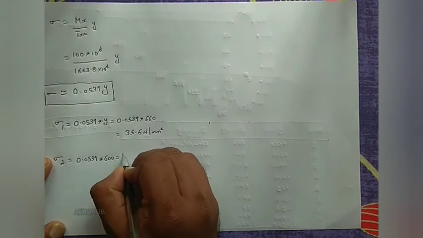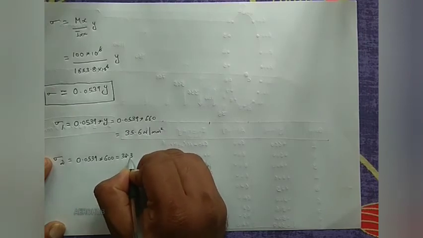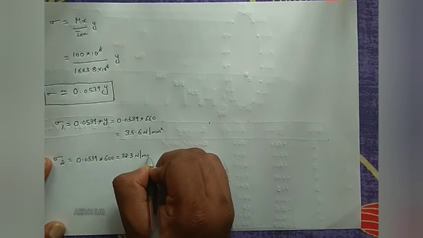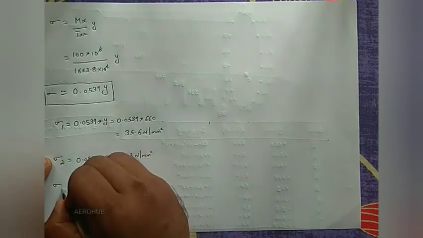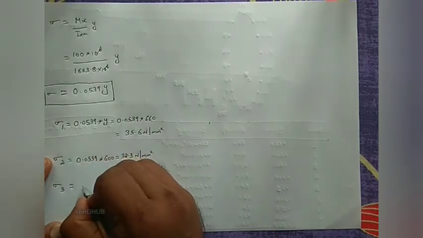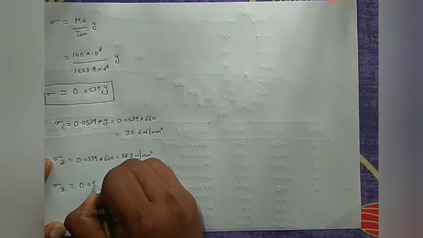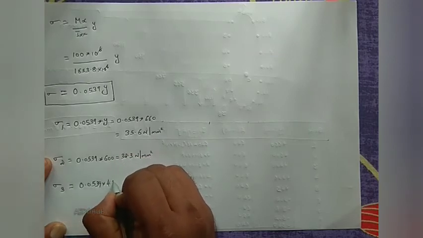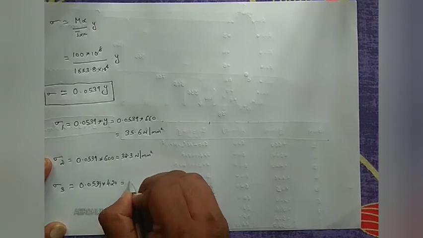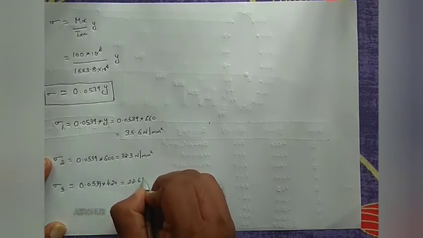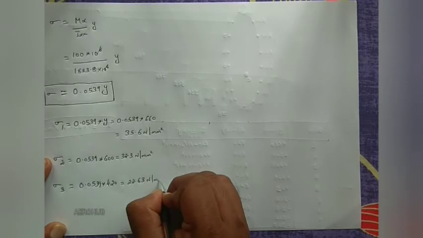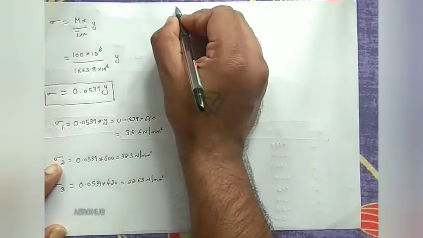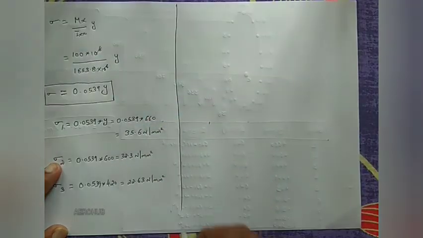So we'll be getting 32.3 Newton per millimeter square, and sigma 3 is equal to 0.0539 into 420. So I'll be getting 22.63 Newton per millimeter square. You can calculate, you'll be getting the same answer here.